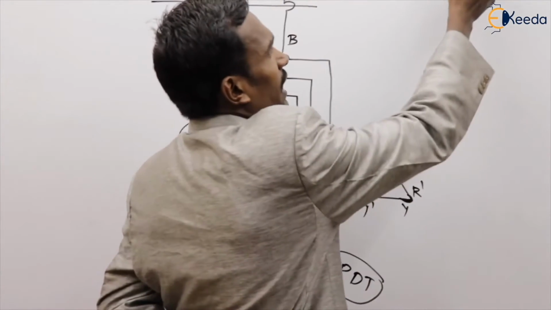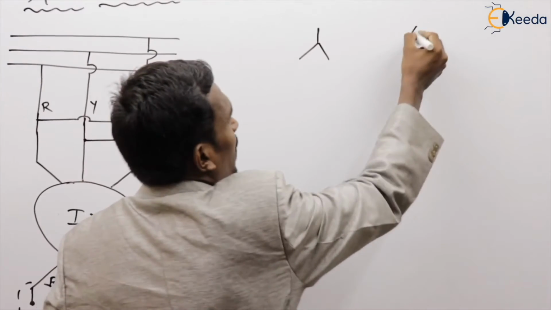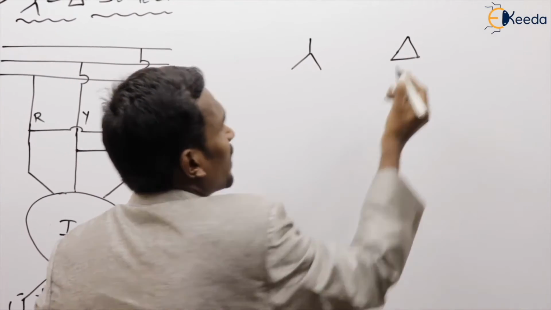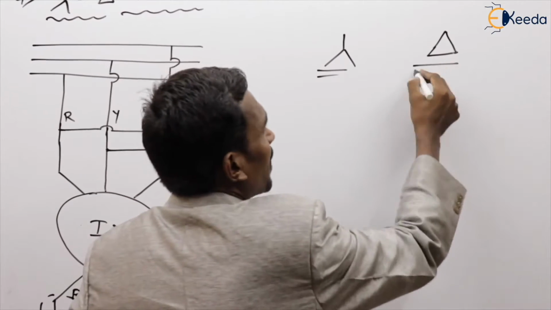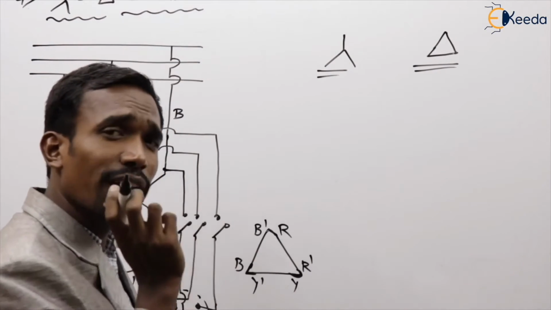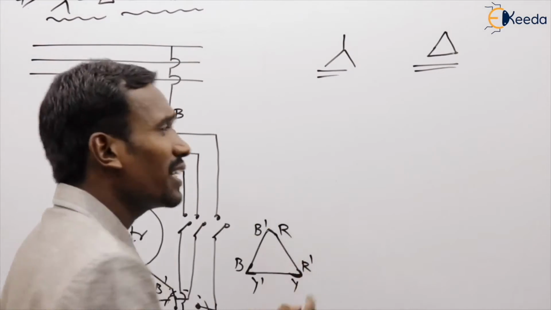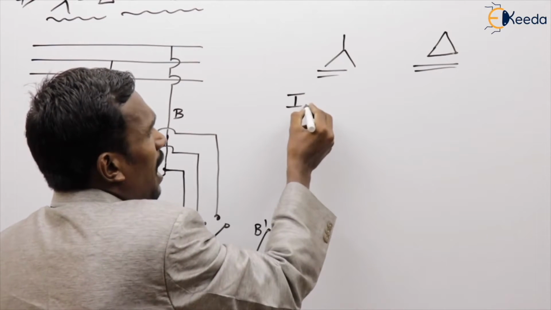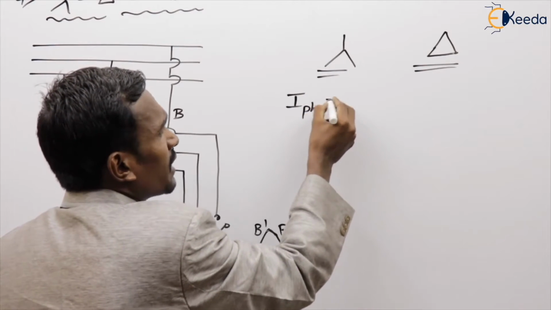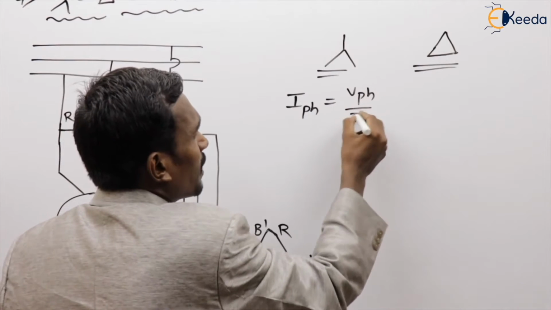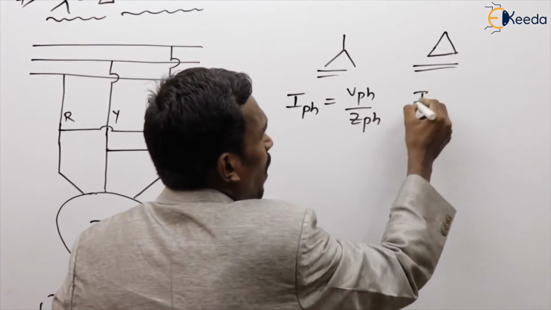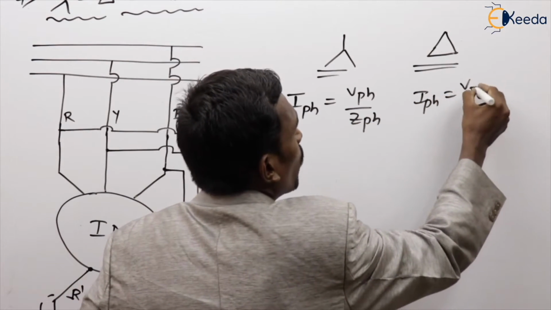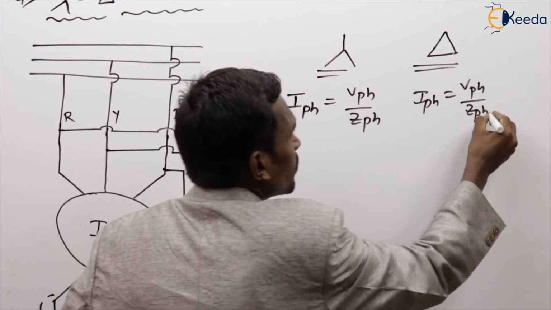Actually, here we have a star connection and a delta connection. Initially, should the machine be connected in star or delta? Where should I connect? See here, for example, I phase is equal to V phase by Z phase. Here also I phase is equal to V phase by Z phase.